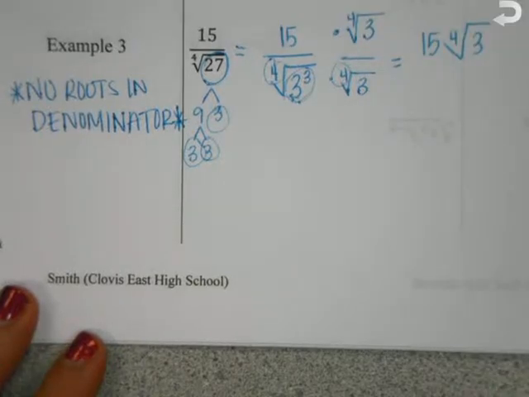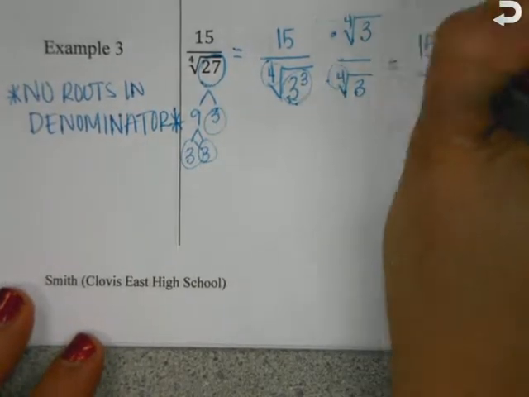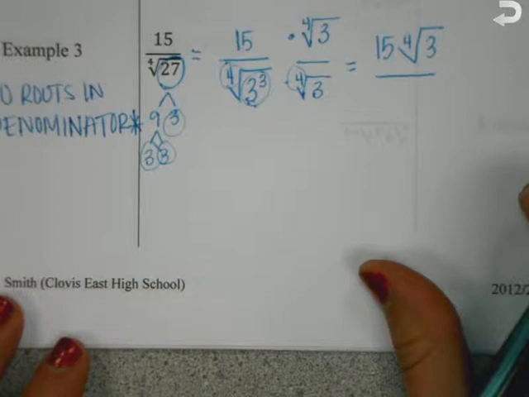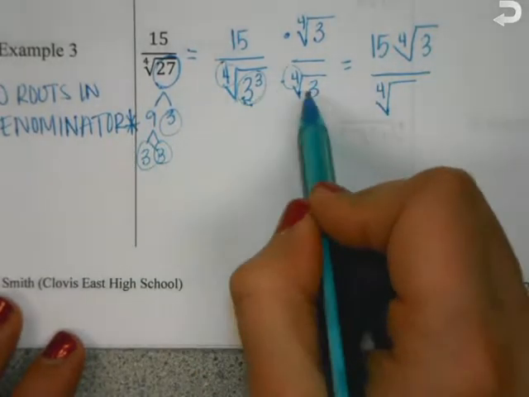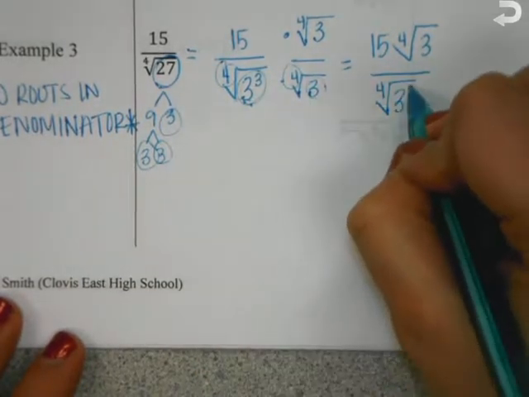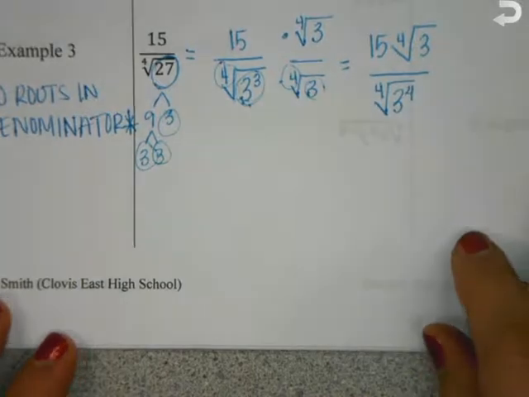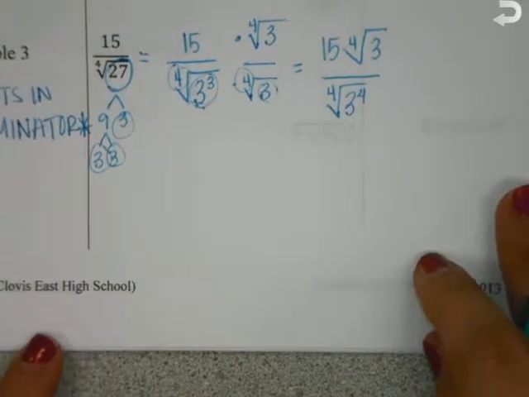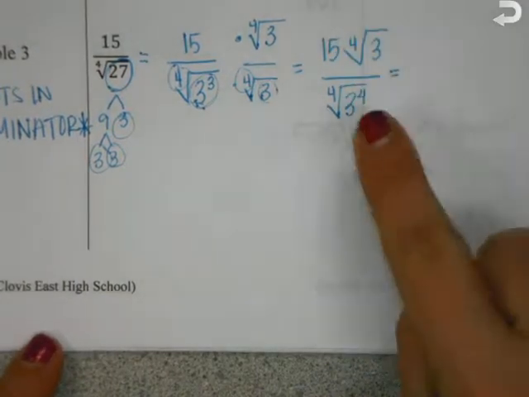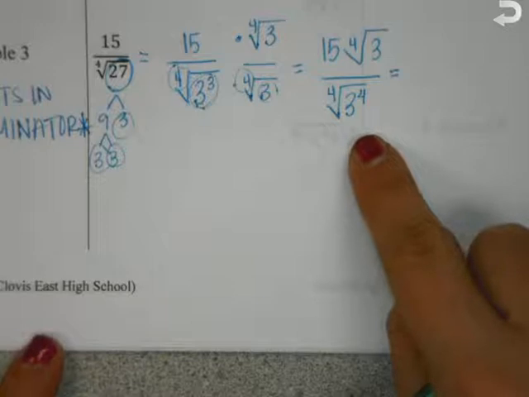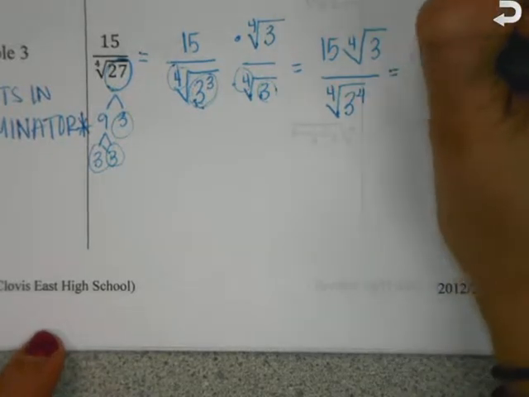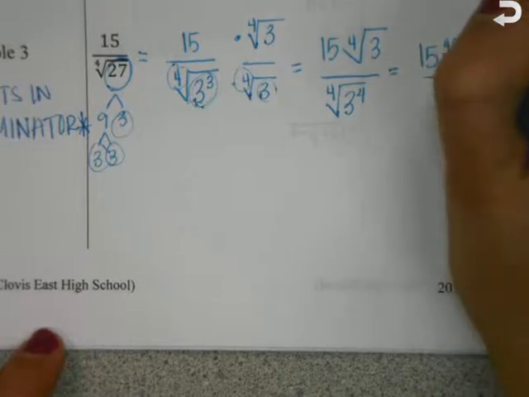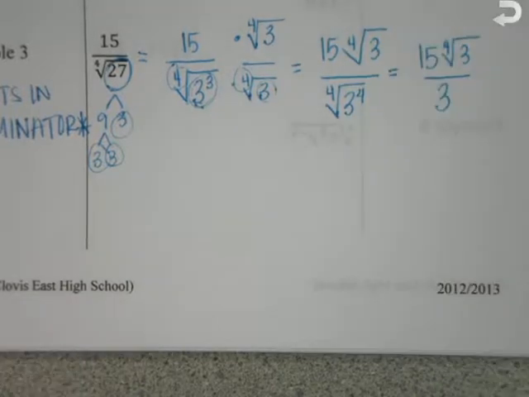all over the fourth root of 3 to the third times 3 gives me 3 to the fourth. And now what do you guys see that I can do? I can pull it out. So this is the same as 15 fourth root 3 all over 3, because that index and the exponent cancel.